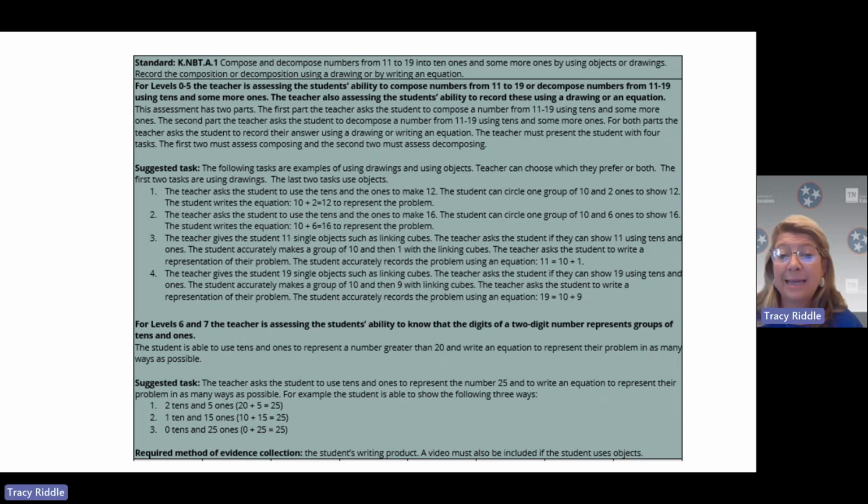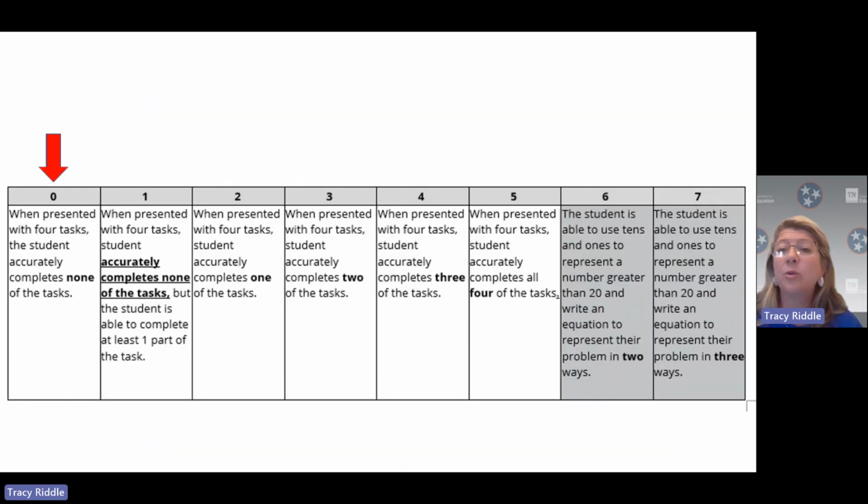Once you have assessed these standards, then you want to score the assessment. So first, looking at the kindergarten standard of composing and decomposing numbers from 11 to 19 using tens and ones and recording that composition or decomposition. If the student is not able to accurately complete any of those 4 tasks, that is the score of a level 0.